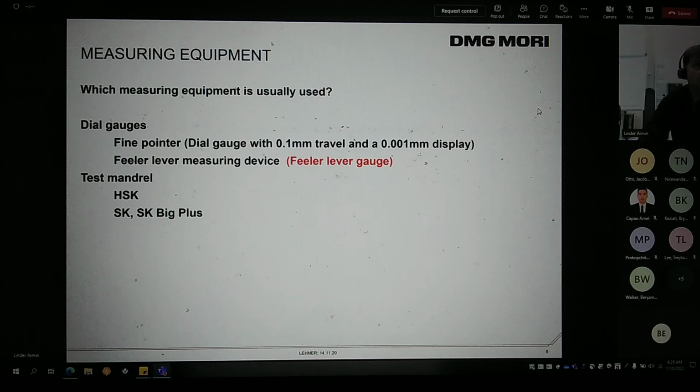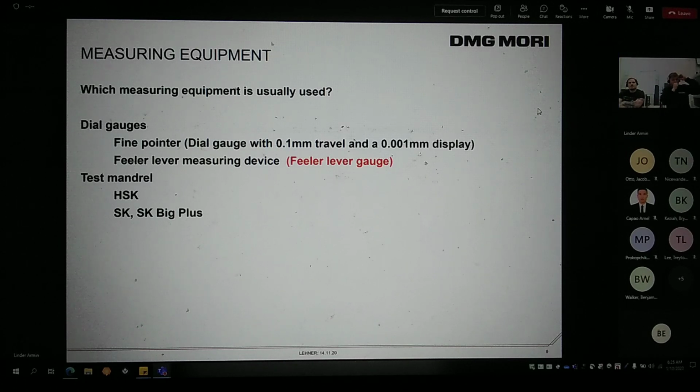Yeah, I think SK and also the SK Big Plus. There is the difference, the SK, there is only clamping and cone, and the SK Big Plus, there will be clamping, cone, and surface on the mandrel.